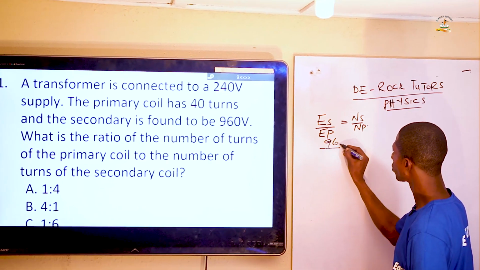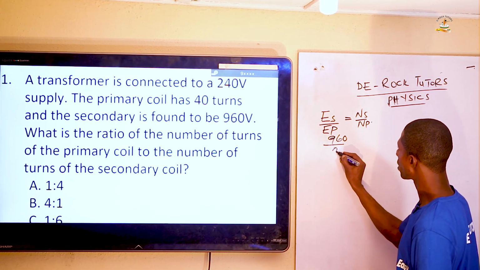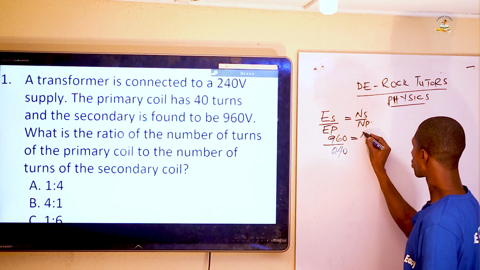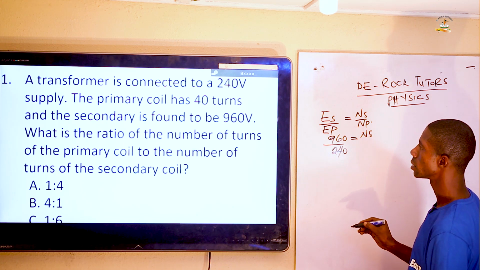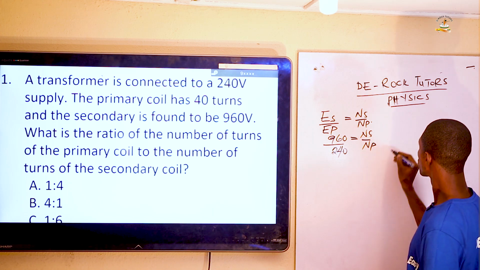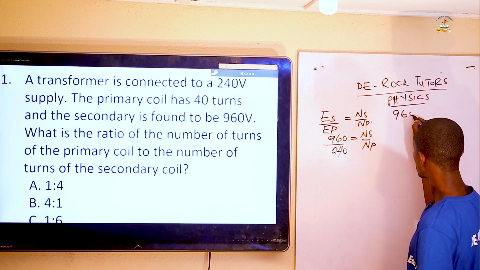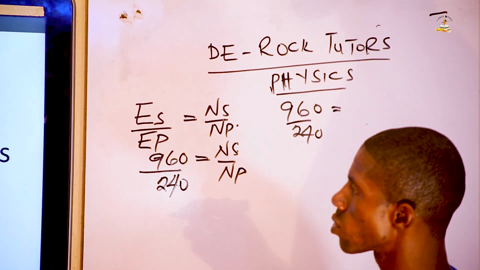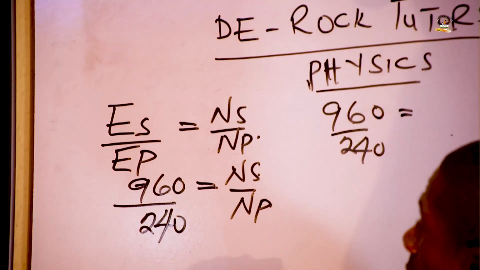So 960 for the secondary, then 240 for the primary, equals the number of turns in the secondary over the number of turns in the primary. So with that, 960 over 240. Then the question says, what is the ratio of the number of turns of the primary to the number of turns of the secondary?